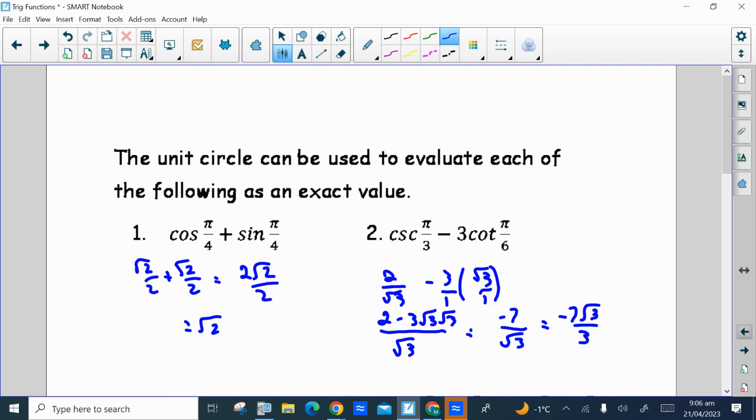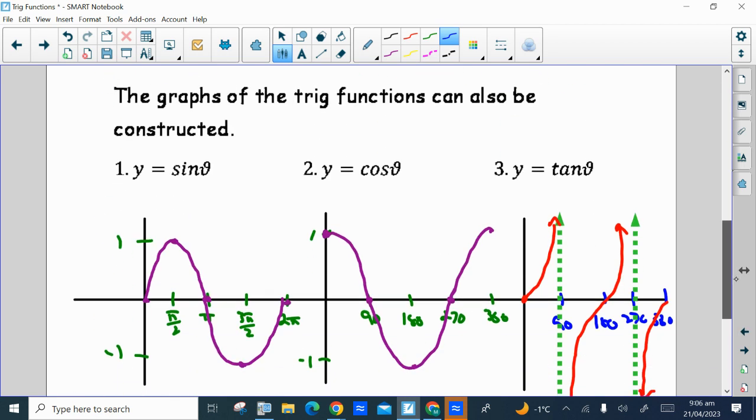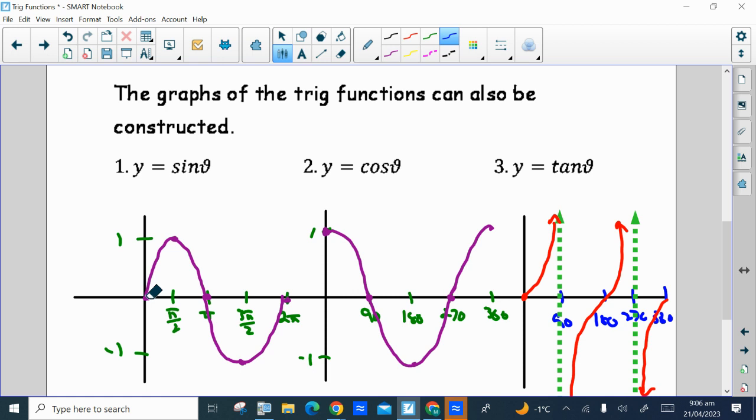If we look back at the sine graph, we've got some key points here. 0, 0. The y value is 0. Then 0, 1, 0, 0, 0, -1, 0, 0.